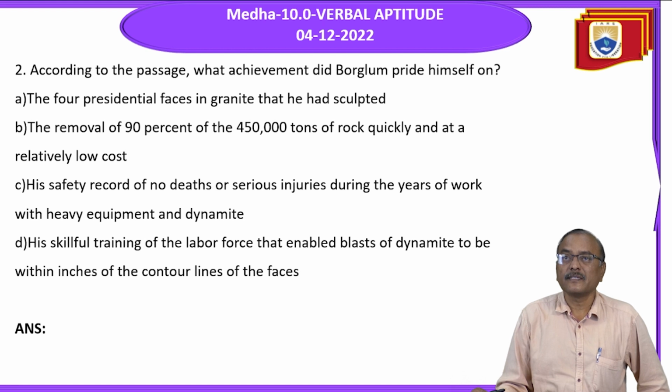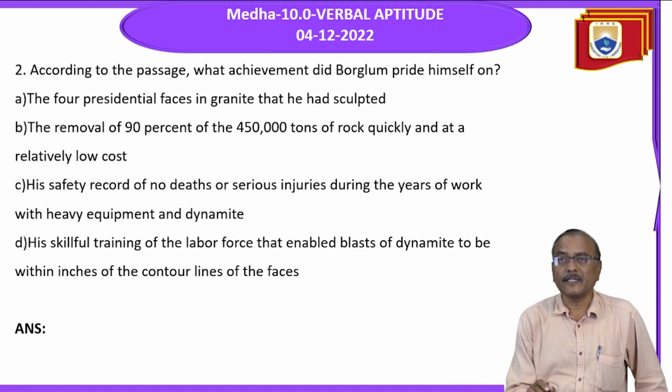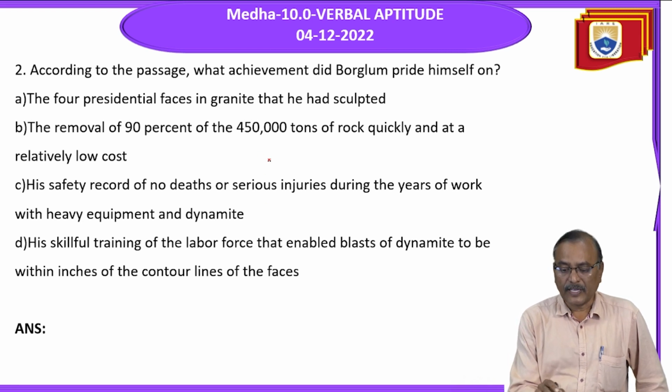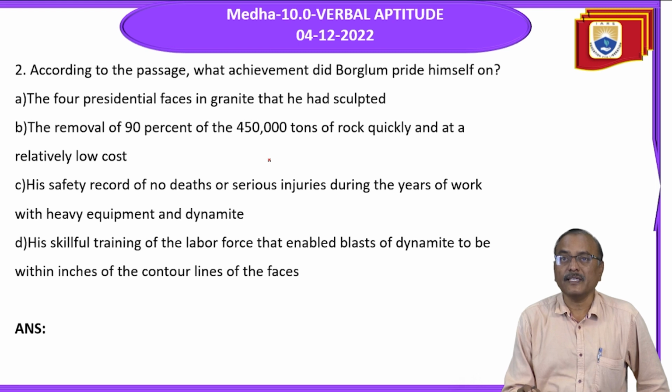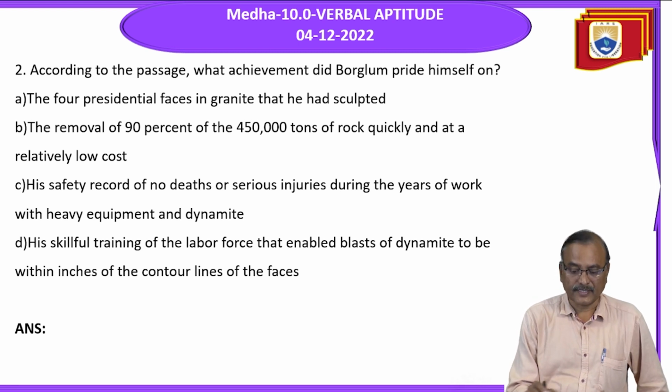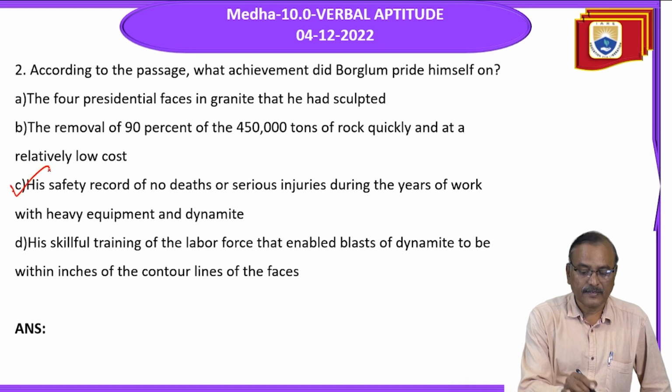According to the passage, what achievement did Borglum pride himself on? The options: 4 presidential faces in the granite that he had sculpted, the removal of 90% of 450,000 tons of rock quickly, his safety record of no deaths or serious injuries. Yes, this is the answer.